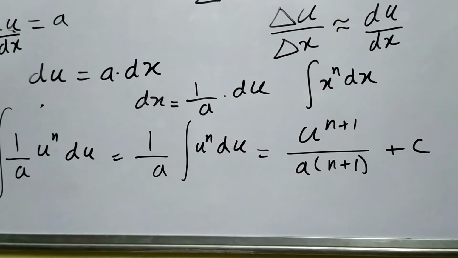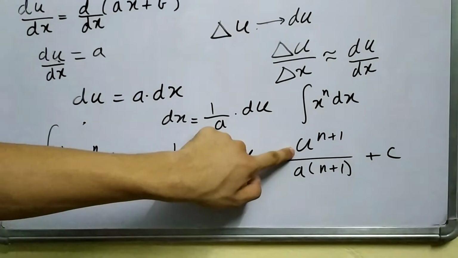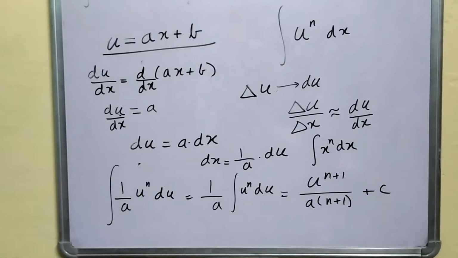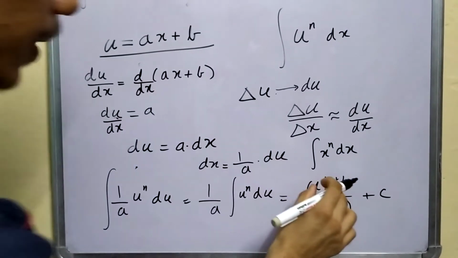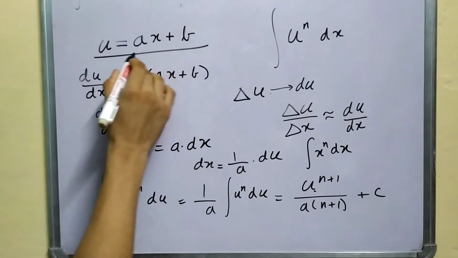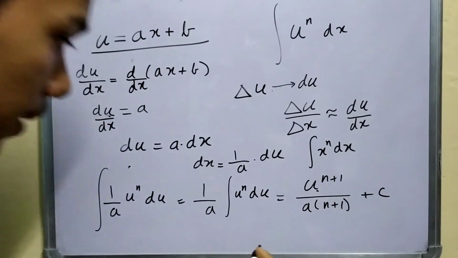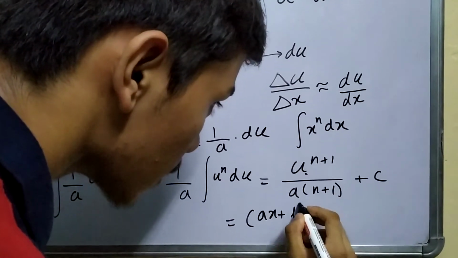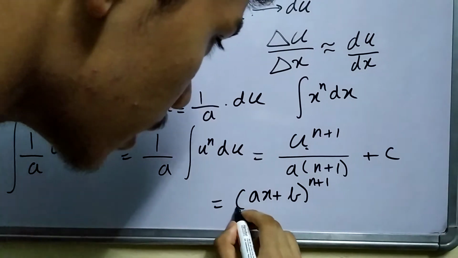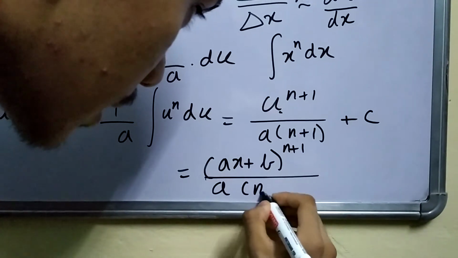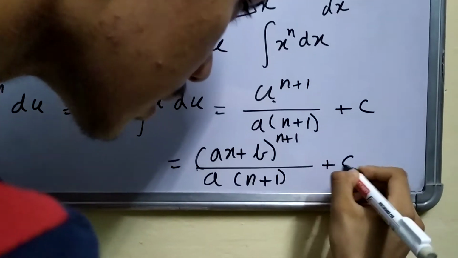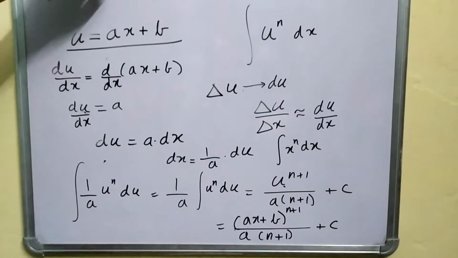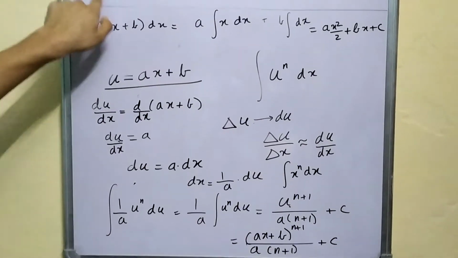And what is u? u is ax plus b. So just replace u with ax plus b in your final step. You get (ax + b) to the power of n plus 1 divided by a times (n plus 1) plus some constant. And this is the integral of this thing.